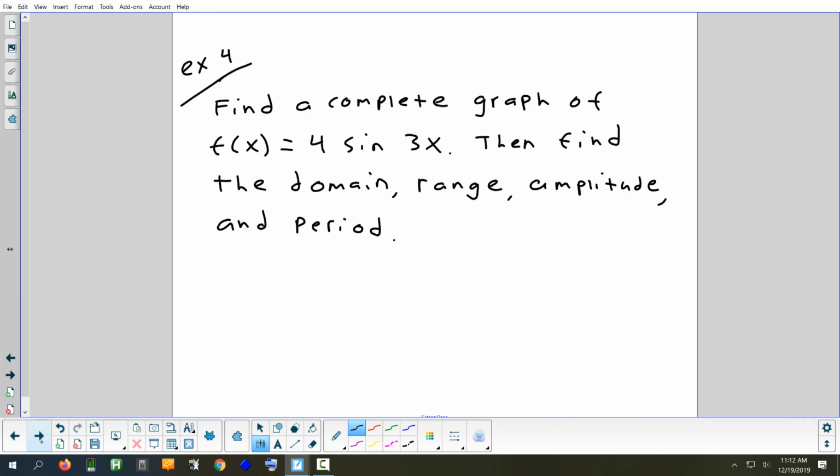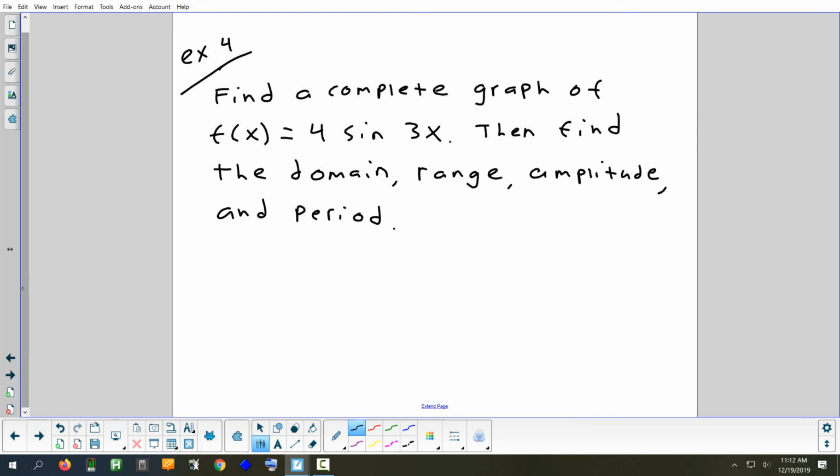All right, so this is a calculator question, because it says find the complete graph. Well, at least that part of it is. Then it asks to find the domain, range, amplitude, and period. Now, when you graph it, sometimes they'll say graph it and show 2 cycles or show 3 cycles.